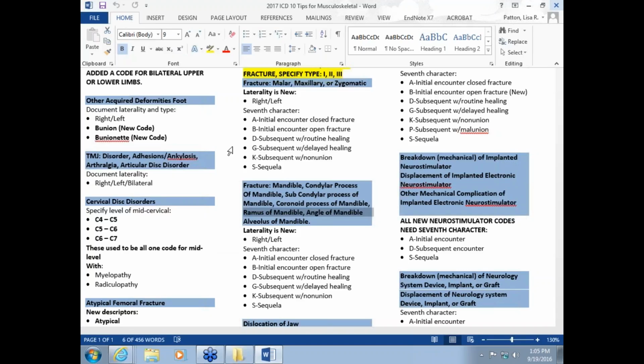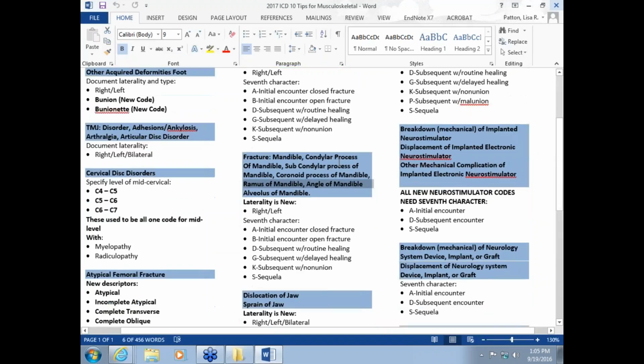I'm sorry. Okay, this is also a new laterality, right or left, with the same 7th-digit character. That also goes for the fracture of the mandible: the condylar process of the mandible, the subcondylar process of the mandible, the coronoid process of the mandible. All your mandible fractures have left and right now, where they used to not.